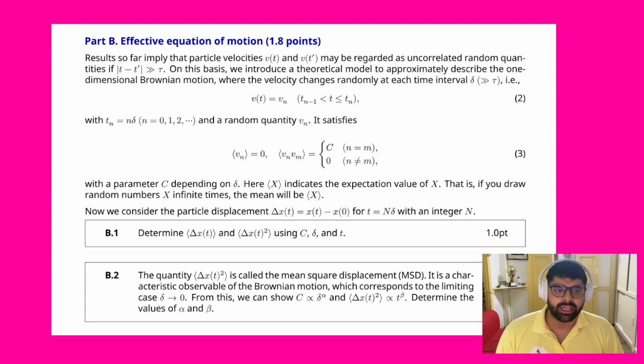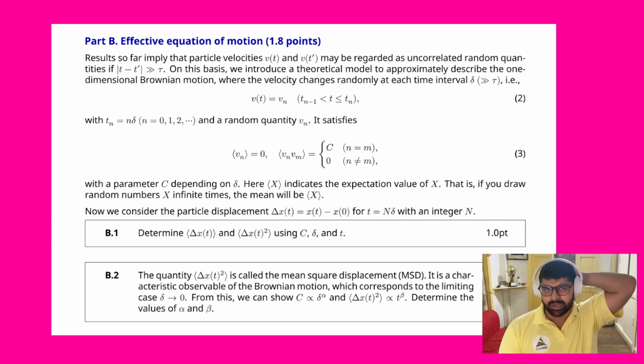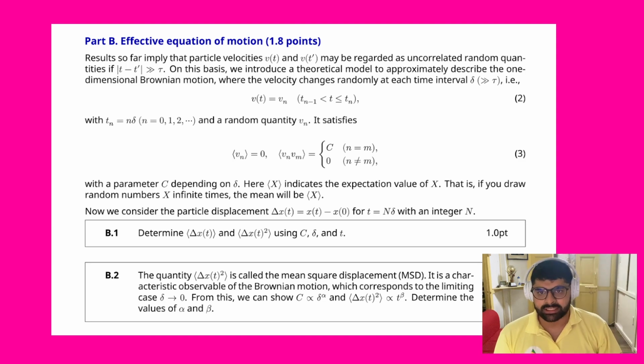From this, we can show that c is proportional to delta raised to the power alpha, and the mean square displacement is proportional to t raised to the power beta, and we have to determine the values of alpha and beta.